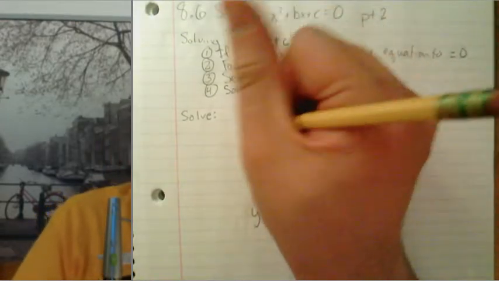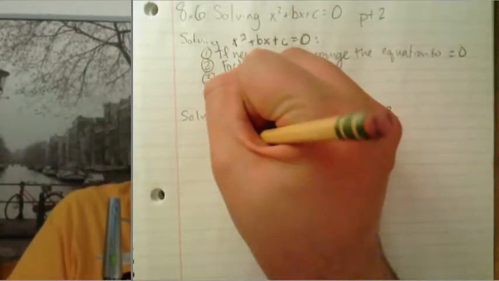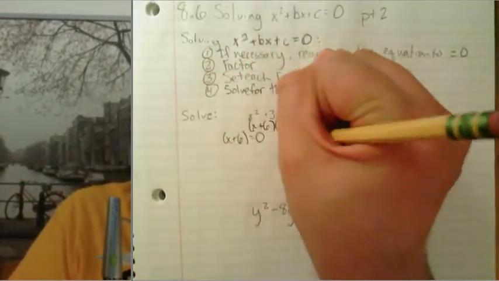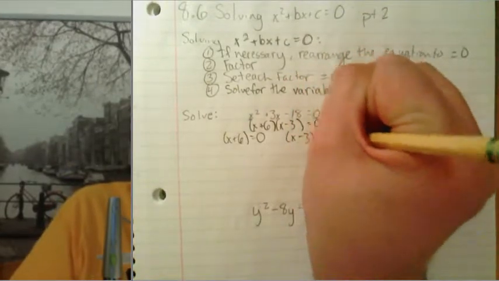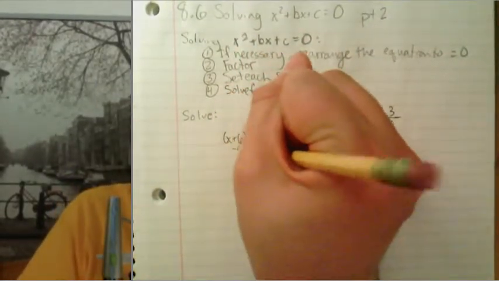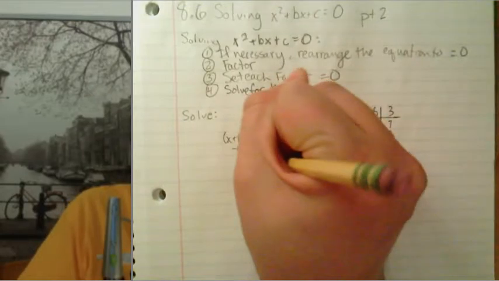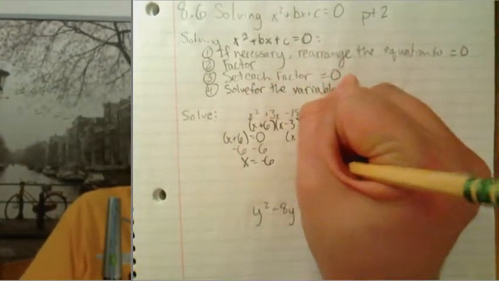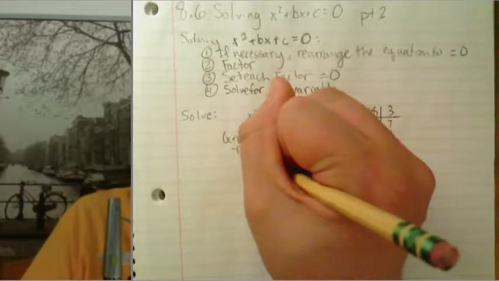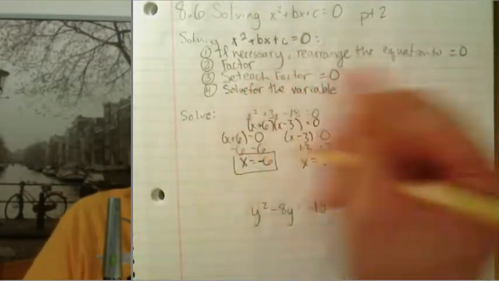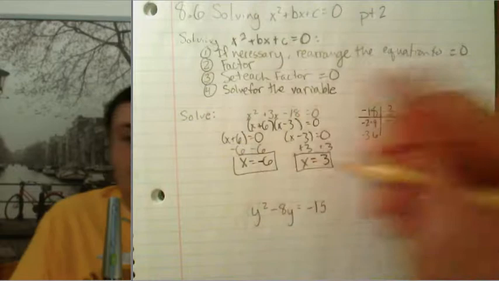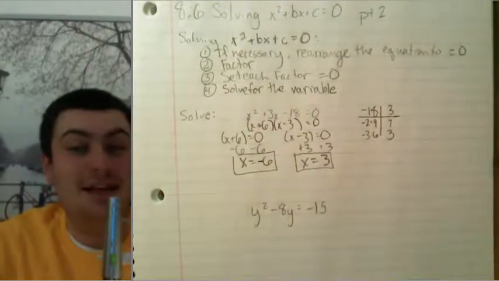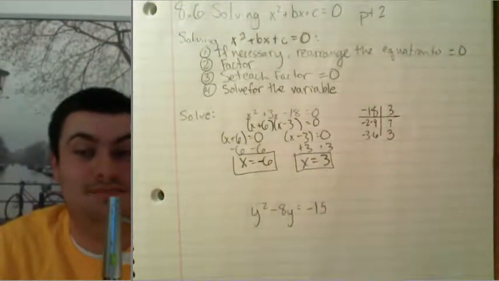Then when we set each of these equal to 0, we say x plus 6 equals 0, x minus 3 equals 0, and we solve. We subtract 6, get that x equals negative 6, and then we add 3, and x equals 3. So here we have x equals negative 6, x equals 3, both valid solutions to this equation.